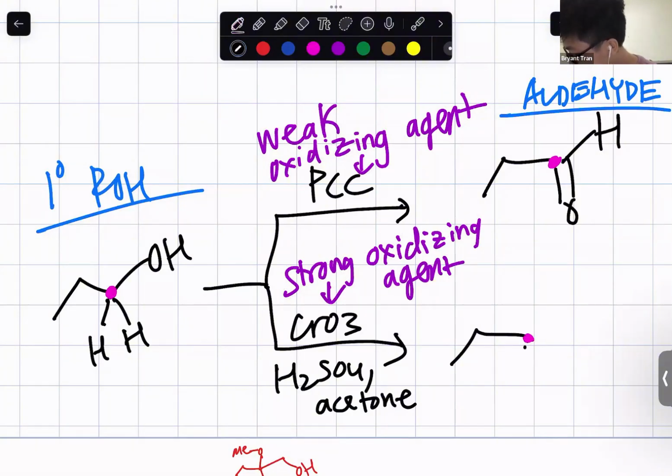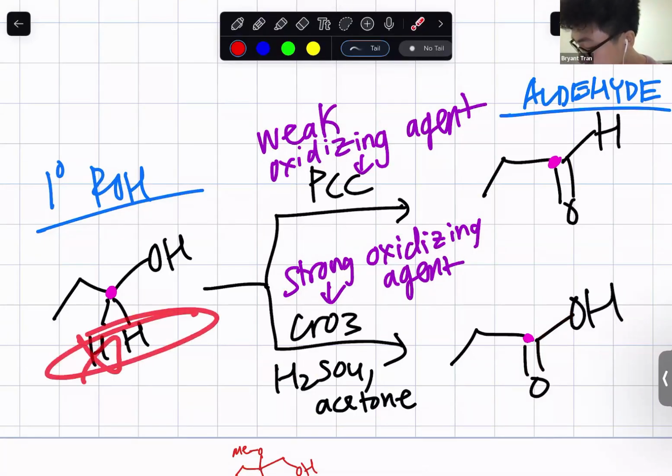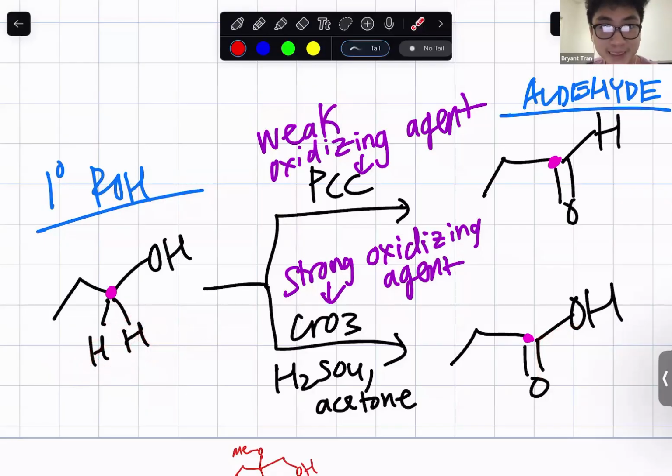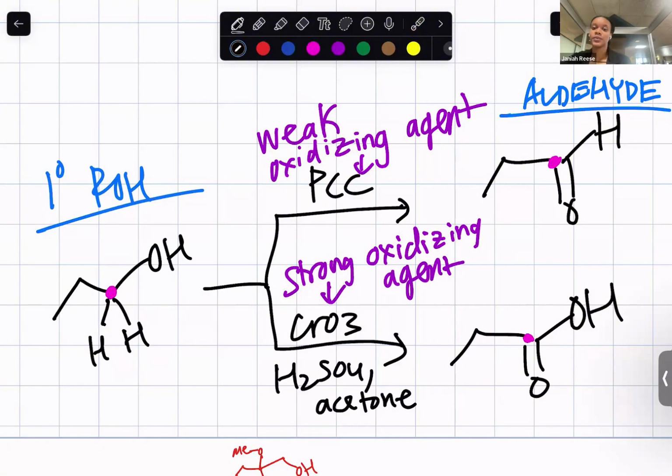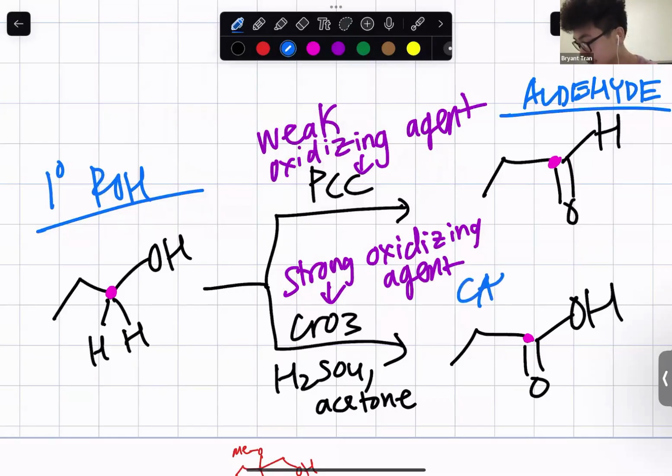We're going to replace all of the hydrogen atoms with oxygen, right? Now this carbon has 3 bonds to oxygen, 1, 2, 3, and 0 bonds to hydrogen. We completely traded these 2 bonds to hydrogen with 2 bonds to oxygen. So we went from a primary alcohol to a carboxylic acid.